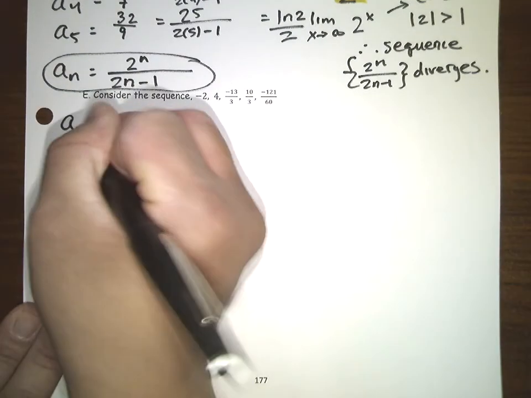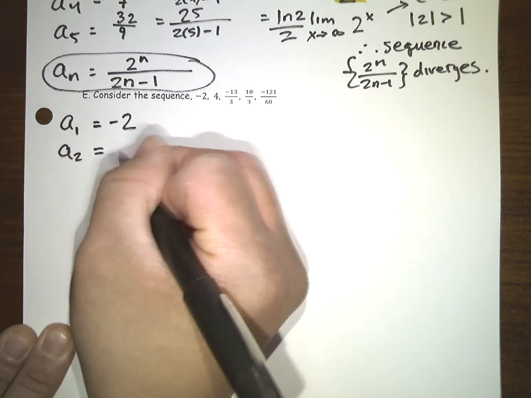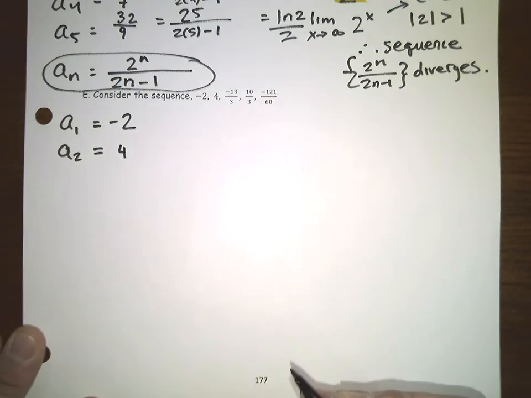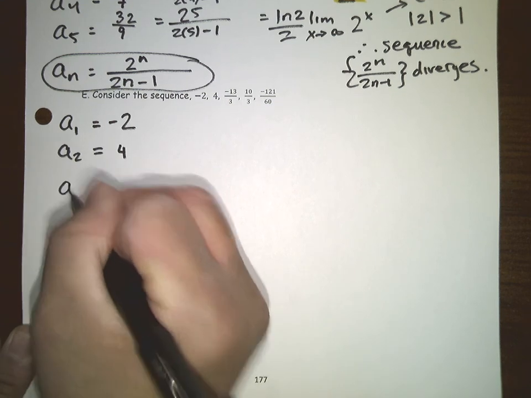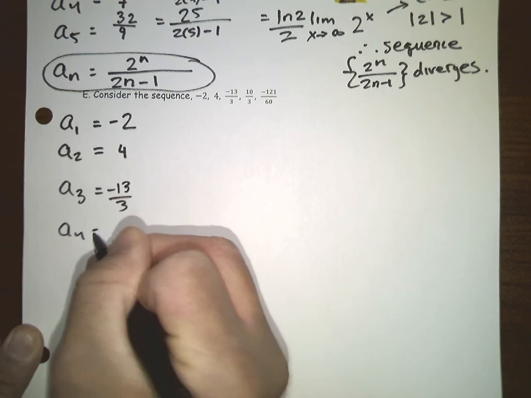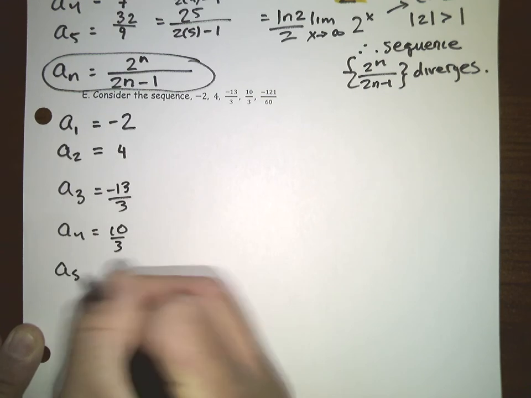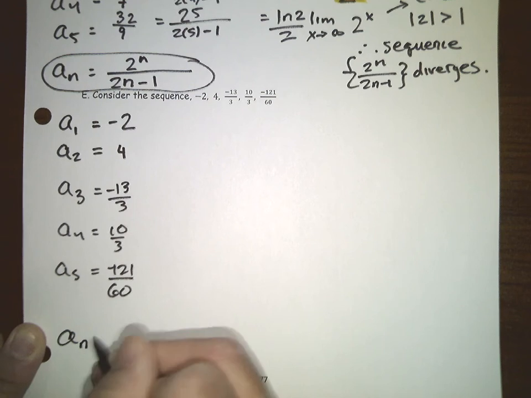So a1 is -2, a2 is 4. And remember, I want to try to find some pattern here. So a3 is -13 over 3, a4 is 10 over 3, a5 is -121 over 60, and I want to get to an nth term.